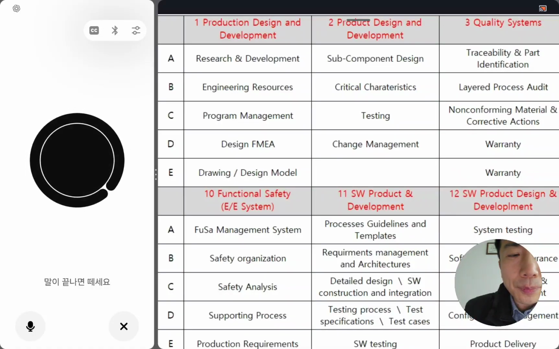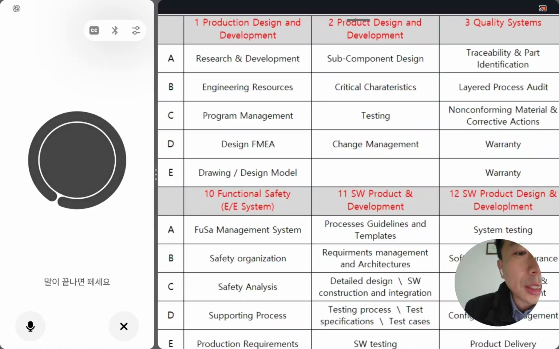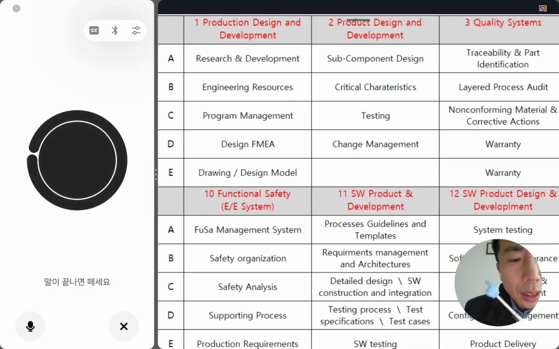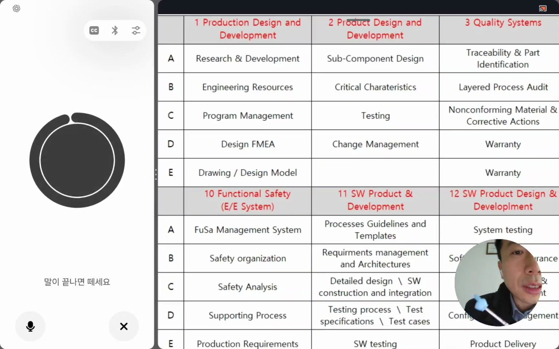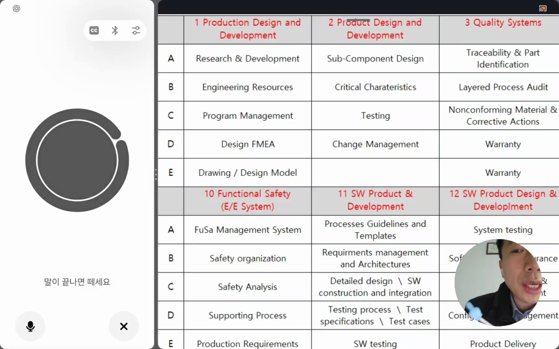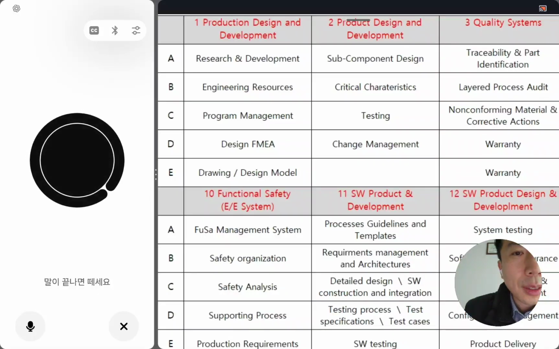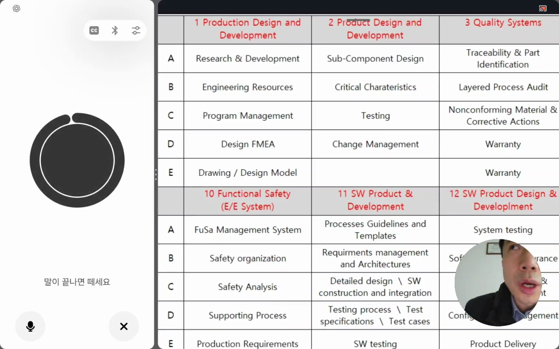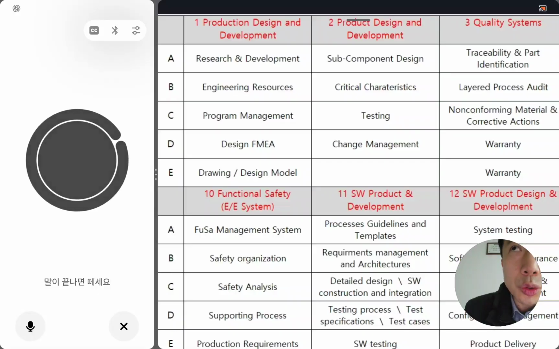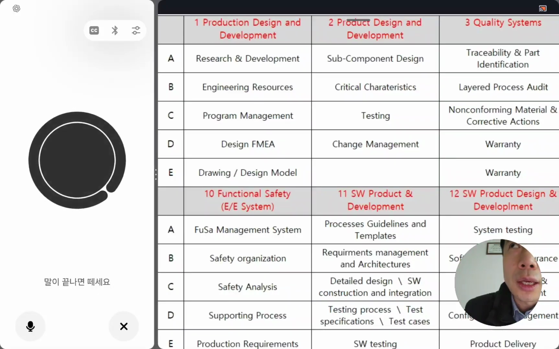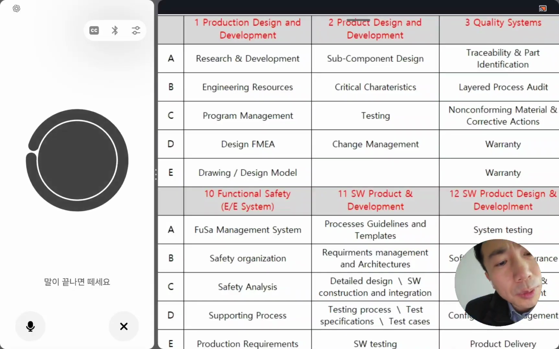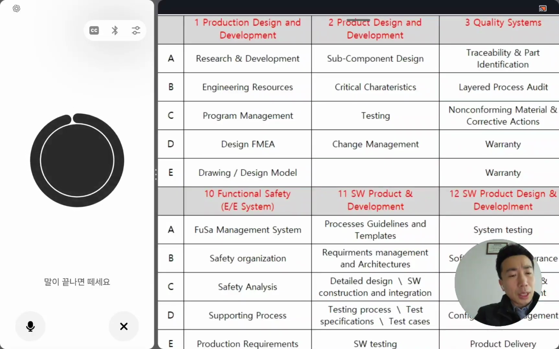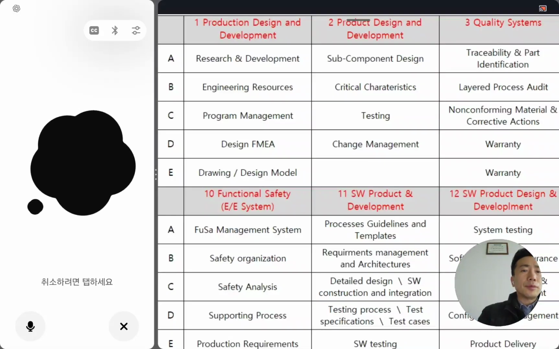Usually the R&D department has subcomponent design responsibilities. They conduct DFMEA before they choose what components and what suppliers they want to use. Do you understand? How can I express this context in English naturally?